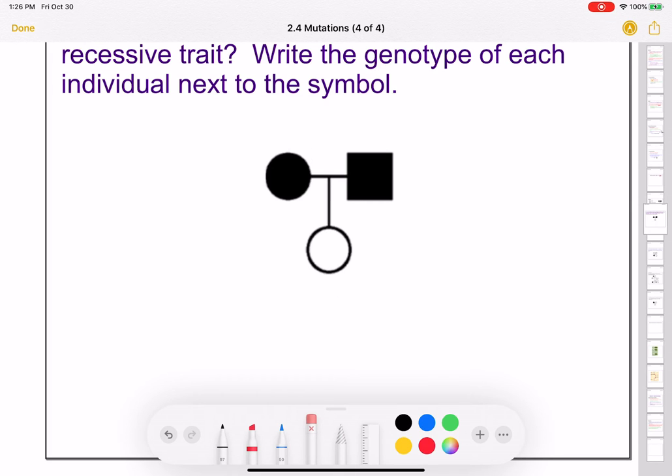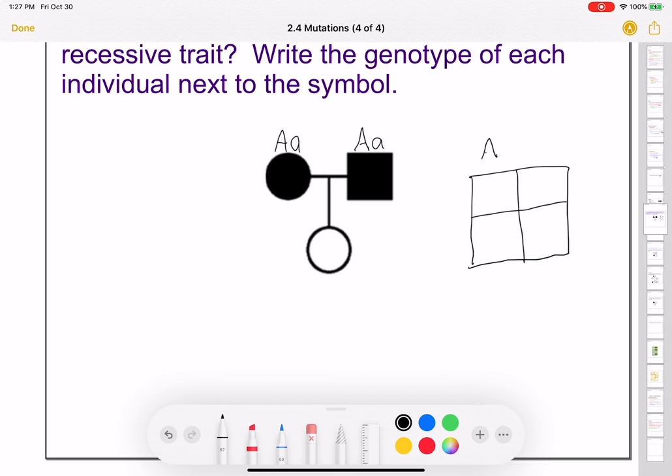So let's show another example, and we can use Punnett squares too to help us understand this. Let's say that it is autosomal dominant. If we go back to what we've learned before on pedigree charts and Punnett squares, we can do a cross between this.